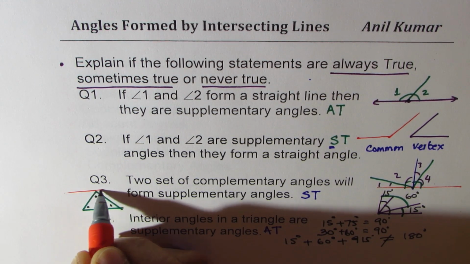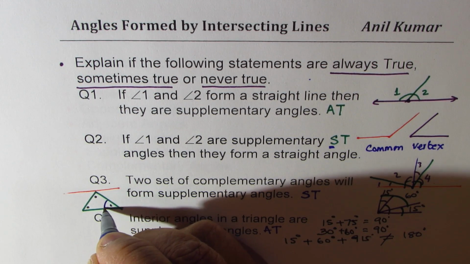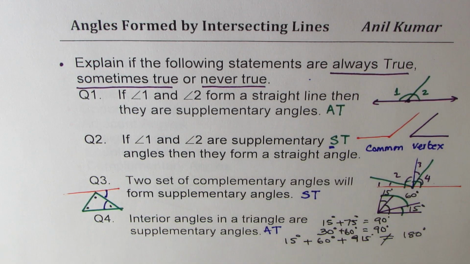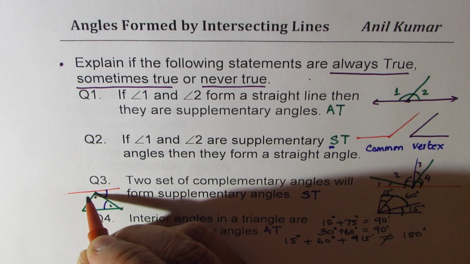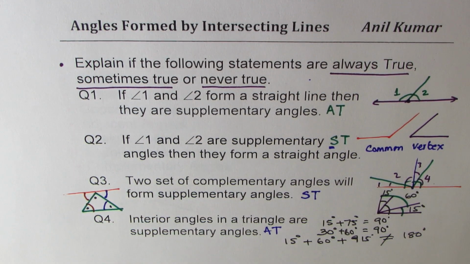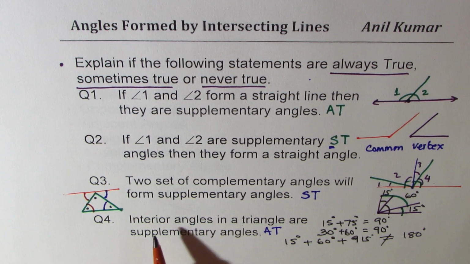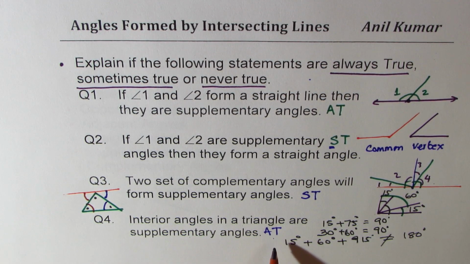If I draw a straight line here, you will notice that this angle is the same as that angle, and you will also see that this angle is the same as that angle. So these three angles form 180 degrees. You get an idea? So this statement, interior angles in a triangle are supplementary angles, is always true.